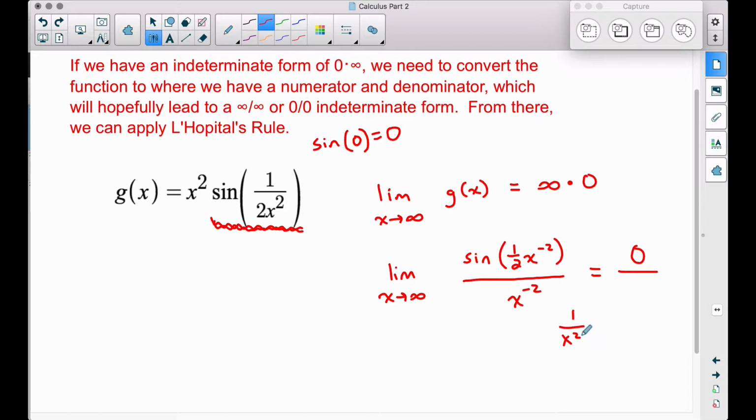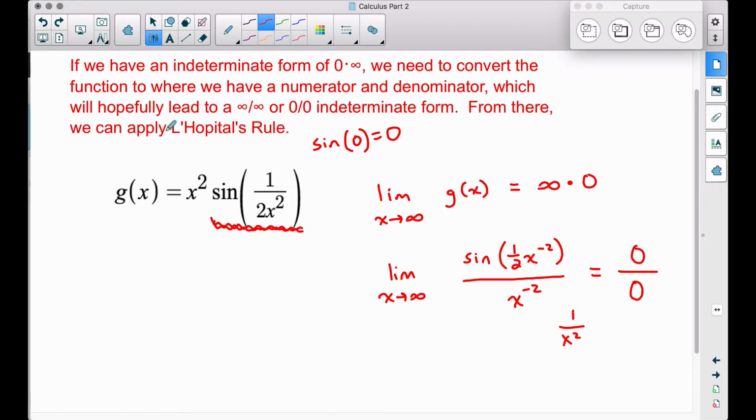If we're letting x get really big, 1 over x squared, which is the same thing as x to the negative 2, is going to approach 0. 1 over a really big number does approach 0. So we do have an indeterminate form here of 0 over 0.